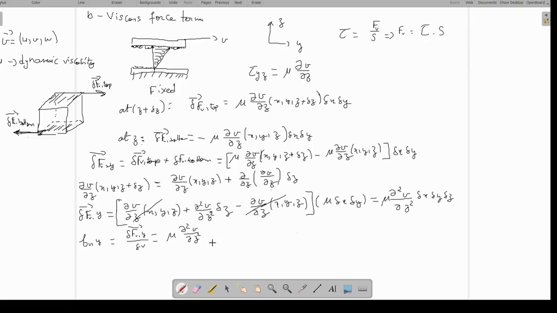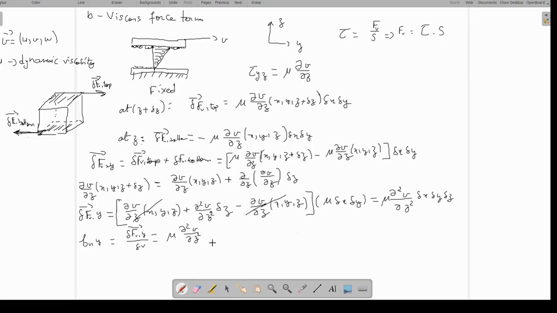So this shows that the viscous force depends on the velocity gradient, which naturally leads to a second derivative of the velocity.